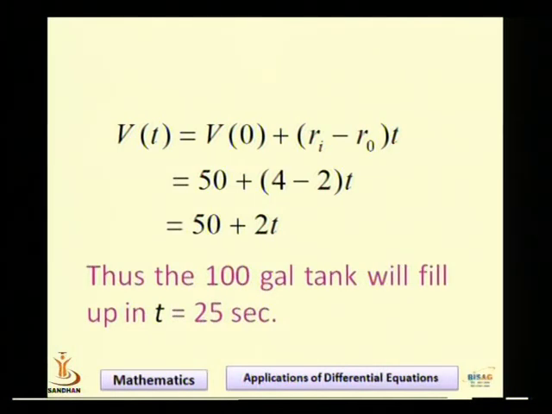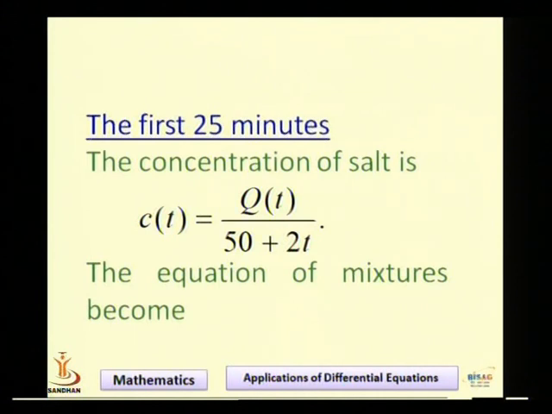So, it will take 25 minutes to have the full solution inside the tank. This situation compels us to divide the time interval into two parts. One is the time interval up to 25 minutes, and then what is the situation after 25 minutes.